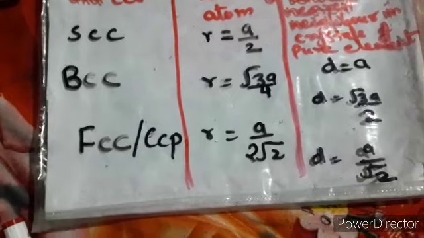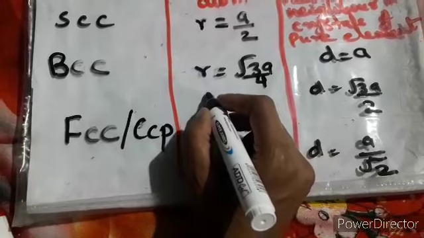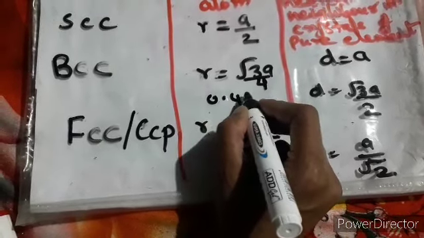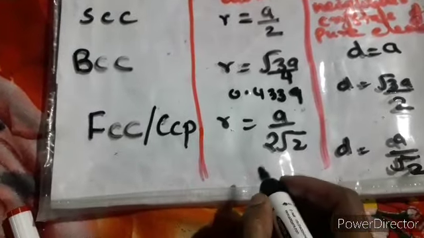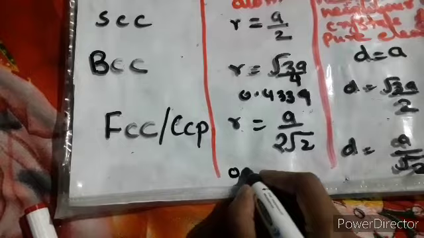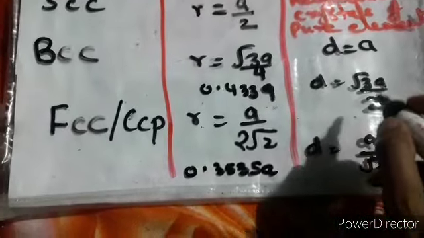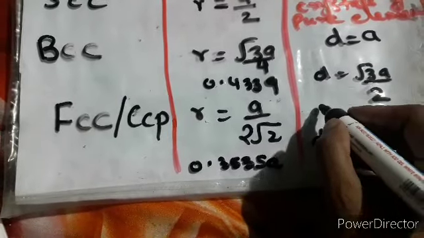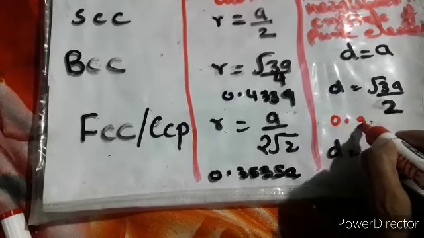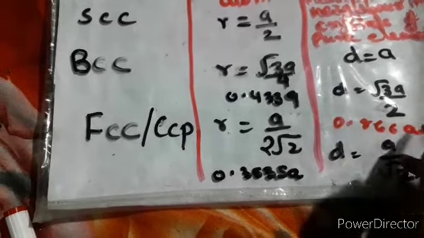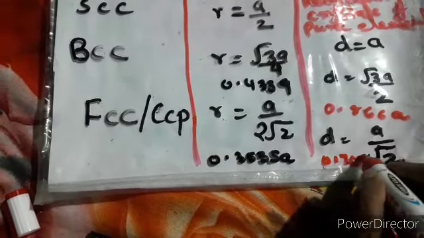Like here, if you put it in root 3a by 4, you get the value 0.433a, right? Here if we take a upon 2 root 2, you get a value of 0.3535a, right? If you put the value of root 3 over here, you get 0.866a, and here you get 0.707a.